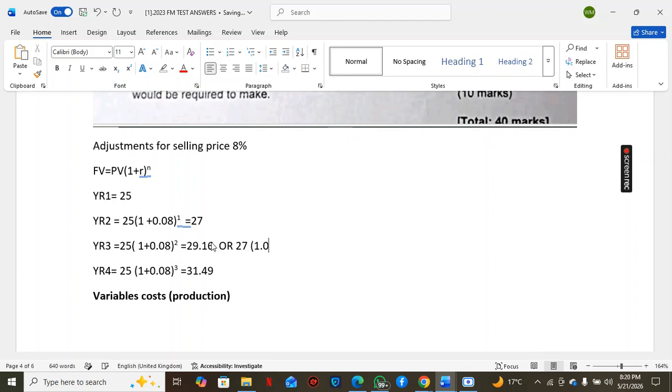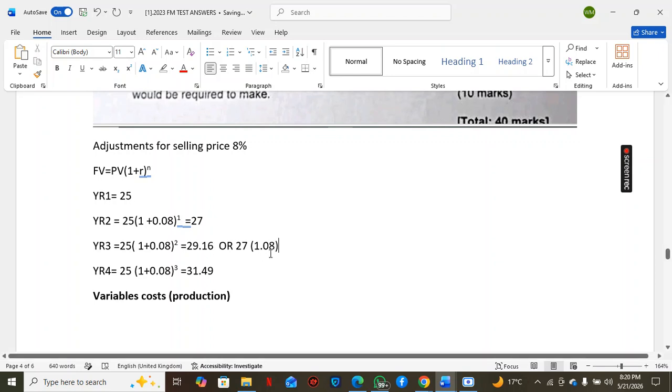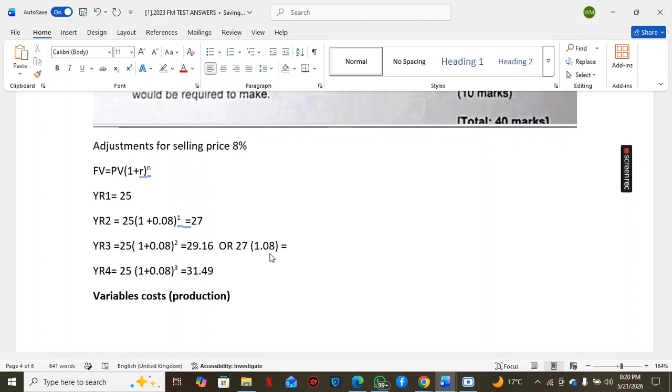Colleagues, what are we getting? Calculators, I hope we all came with calculators.